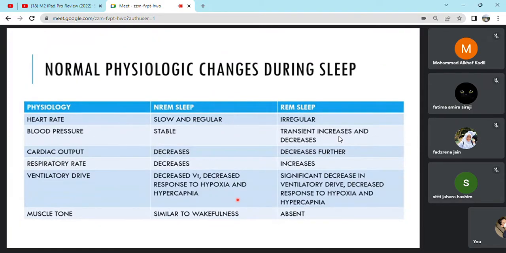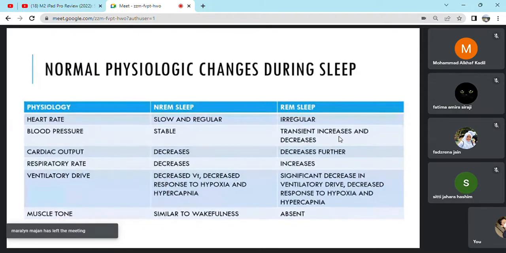You also see a normal physiologic change which is associated with decreased responses to hypoxia and hypercapnia. Normal na yun na nangyayari, no? Without OSA. However, that will be significant in a patient who is suffering from obstructive sleep apnea. So yan na yung mga changes na nakikita natin that will actually be significantly seen in a patient suffering now from your obstructive sleep apnea.